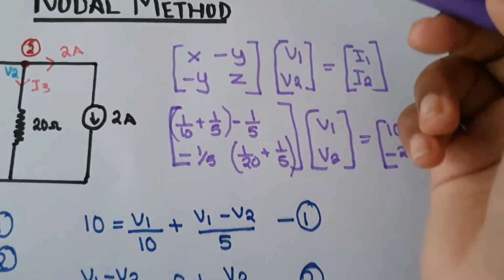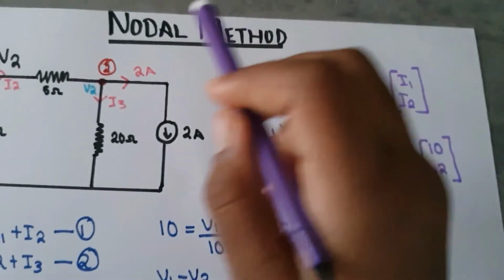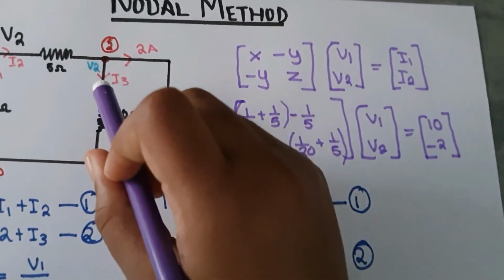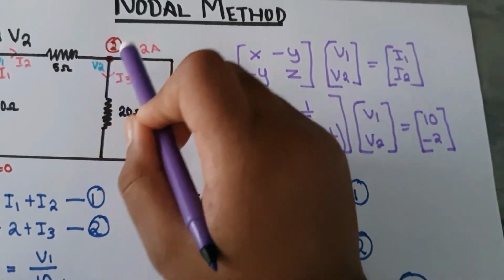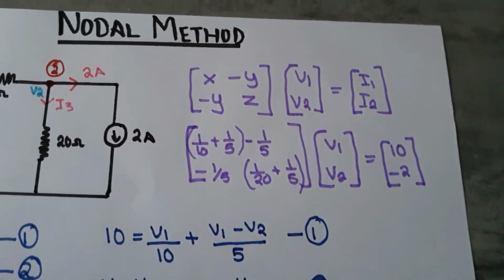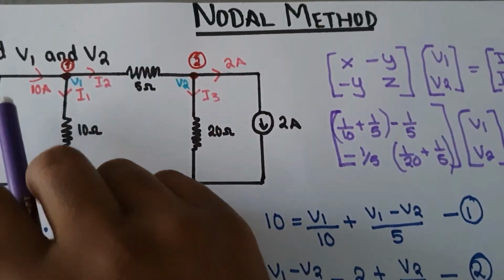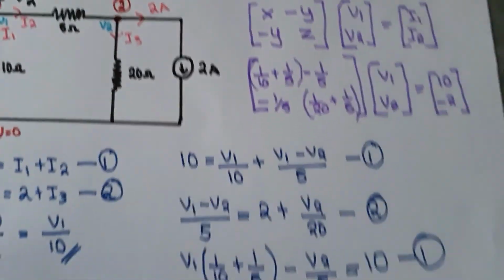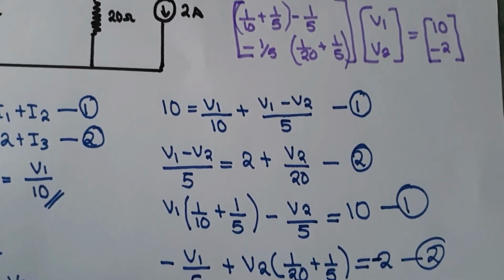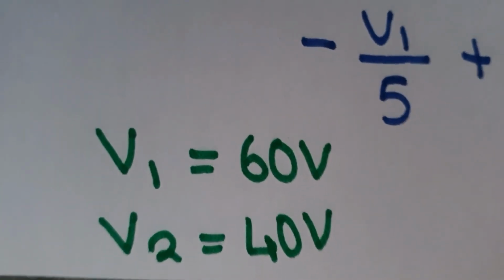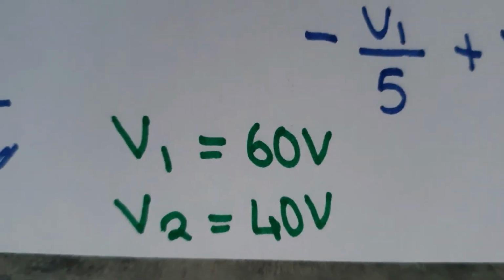Z is the sum of reciprocal of all resistance connected to node 2. And then for the currents, if current is entering it's positive, and leaving it's negative. You can directly type it into the calculator and you will get the same answer. That is V1 equal to 60 and V2 equal to 40.